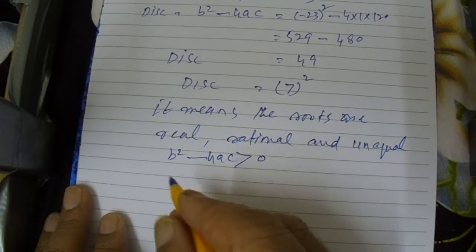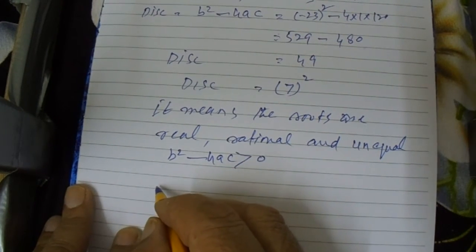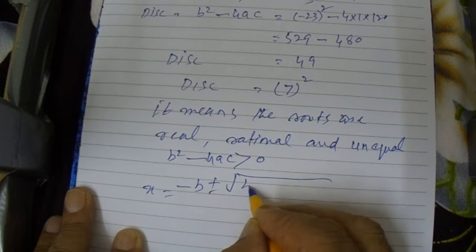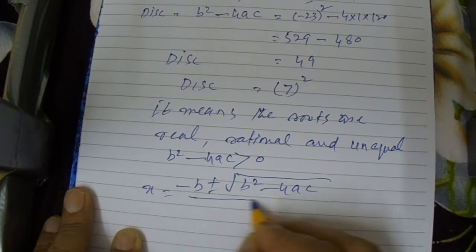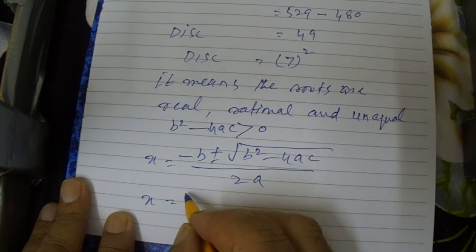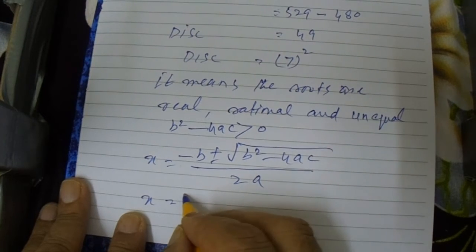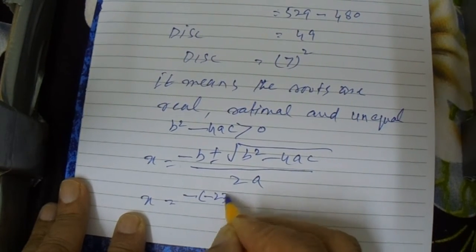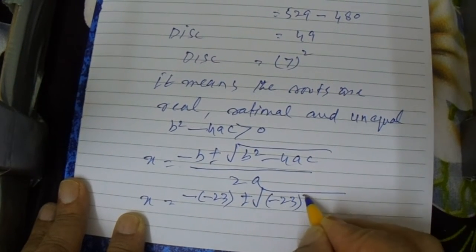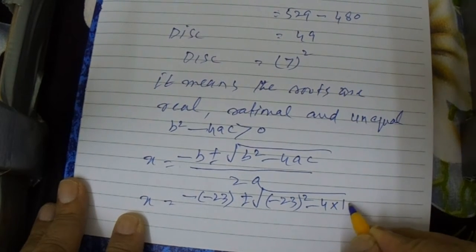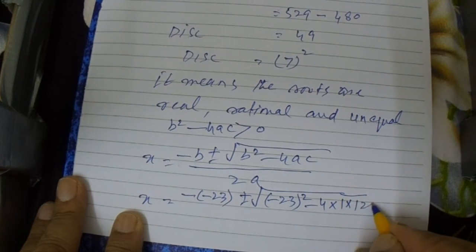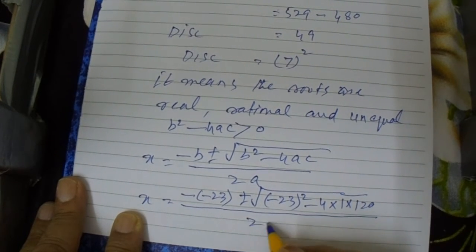Now we discuss with the help of the quadratic formula. X is equal to minus b plus minus the square root of b square minus 4ac, over 2a. Now put the values here. X is equal to minus of minus 23, plus minus the square root of minus 23 square minus 4 multiplied by 1 multiplied by 120, over 2 multiplied by 1.